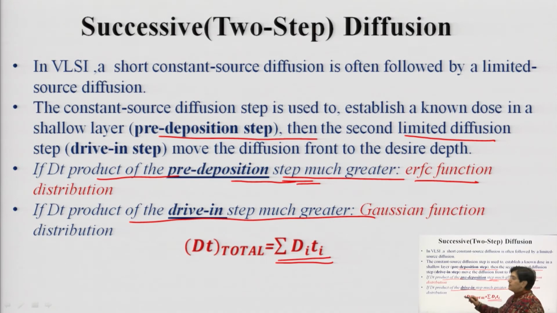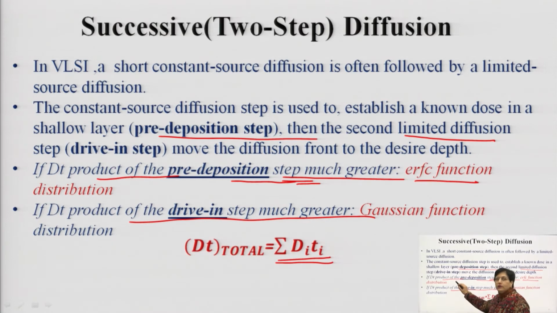Once again, please understand, a constant source diffusion step is used to establish a known dose in a shallow layer. We also call it pre-deposition, and the second phase is the limited diffusion step, or drive-in. Initially we have exposed it, then we allow the species to get further into the bulk so that we get the desired diffusion profile.